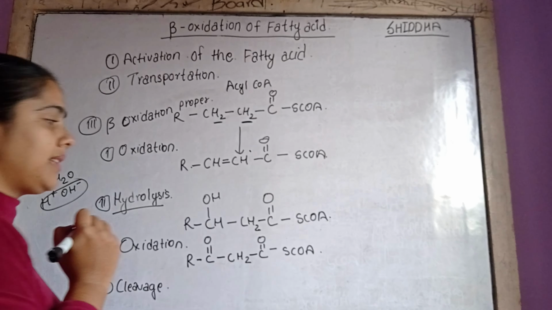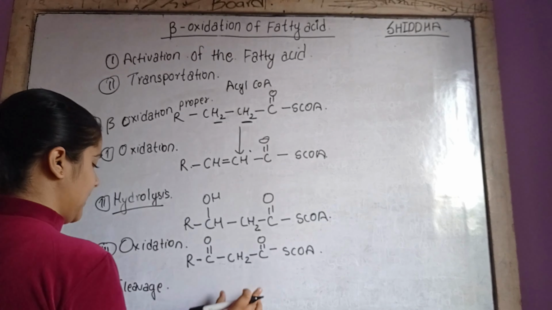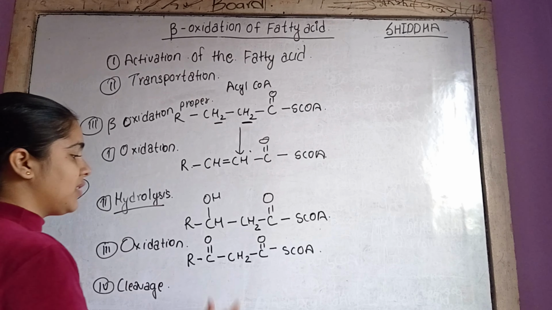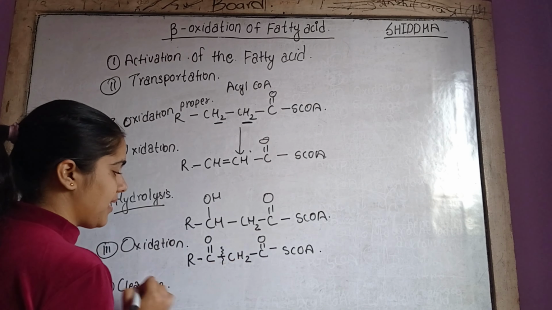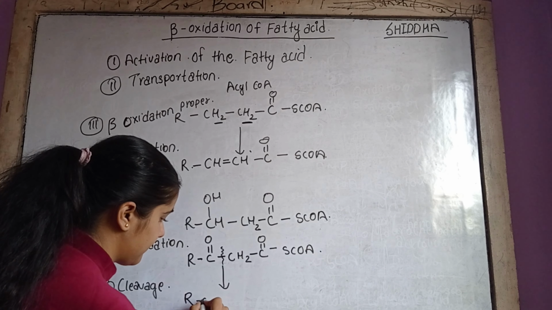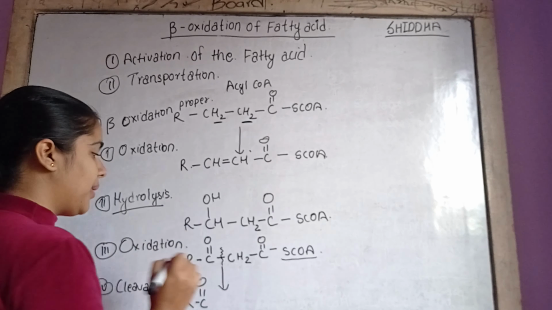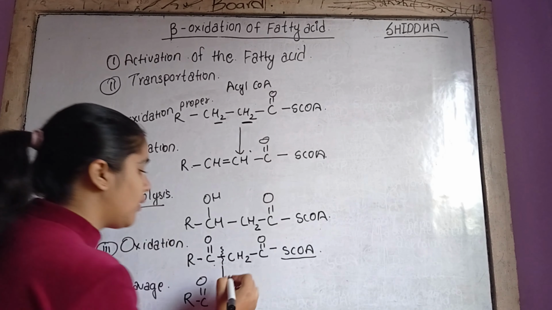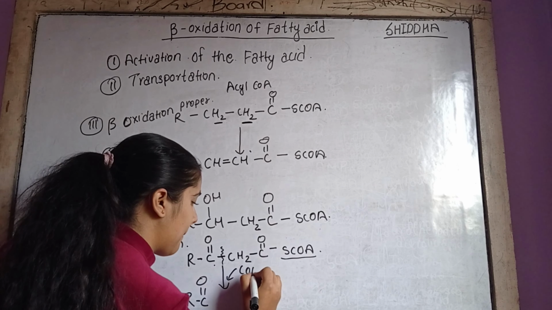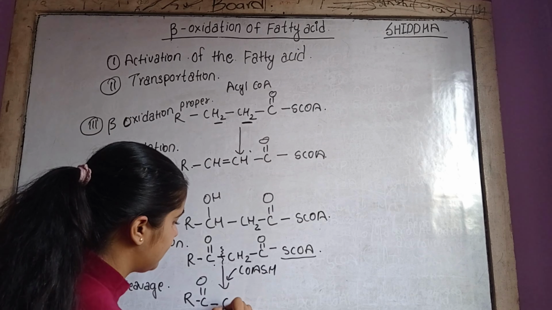So we will get 2 carbon atoms here, which is acetyl coenzyme A. So the cleavage is from here and we get. So here we have coenzyme A, but here there is nothing, so coenzyme A is added here. So we will get this.